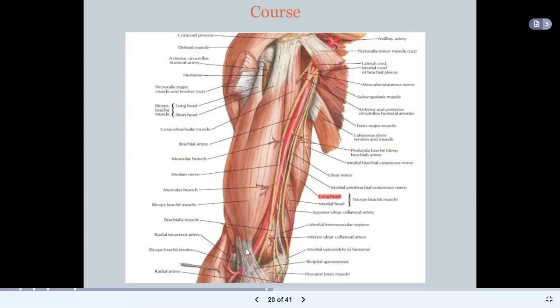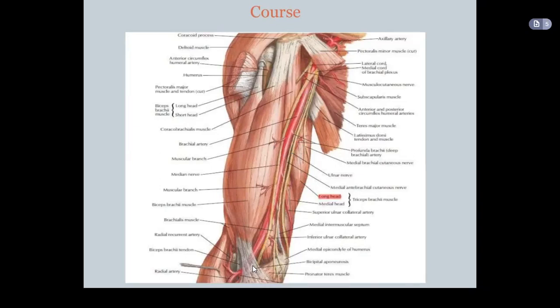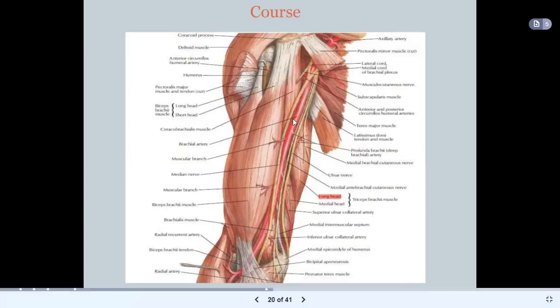Anteriorly, you have the aponeurosis of the biceps muscle, which runs anterior to the brachial artery. Of course, the anterior relation also includes skin, superficial fascia, and deep fascia, because all of them cover this artery. Then the posterior relation will be your coracobrachialis, and majorly your triceps muscle that is behind.